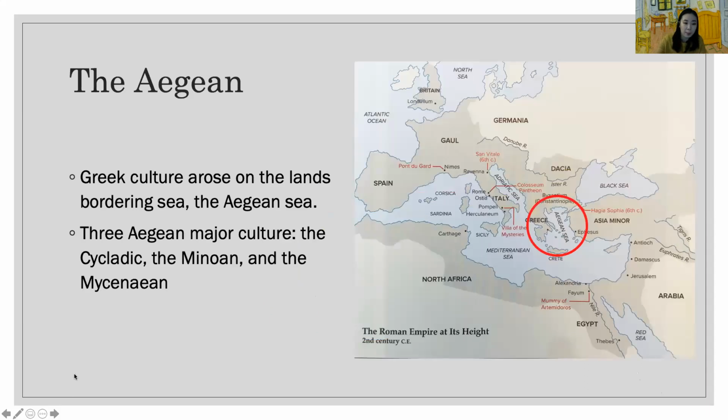So the Greek culture arose on the lands bordering sea, the Aegean. So here, this is the Aegean Sea. So there are 3 Aegean major cultures: Cycladic, the Minoan, and the Mycenaean.